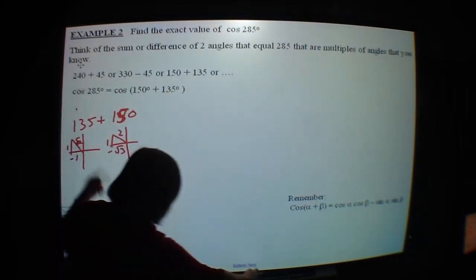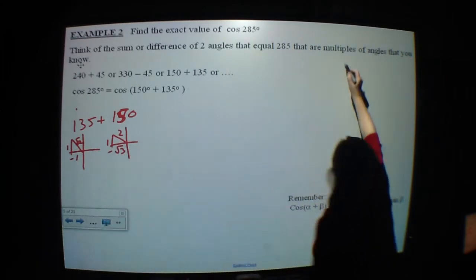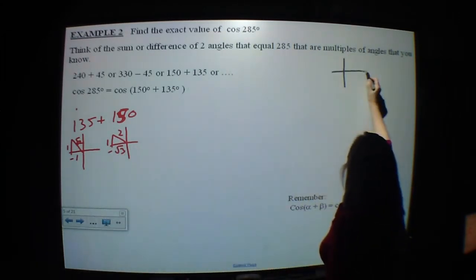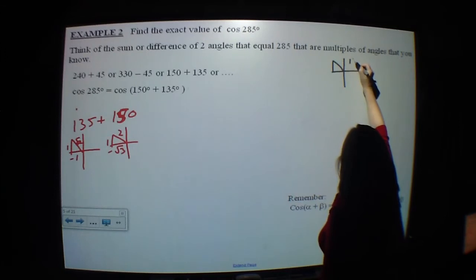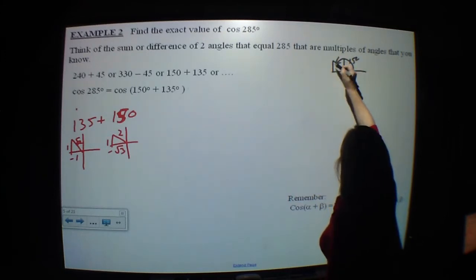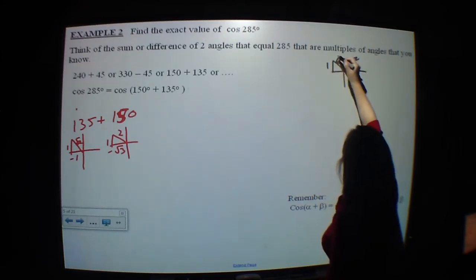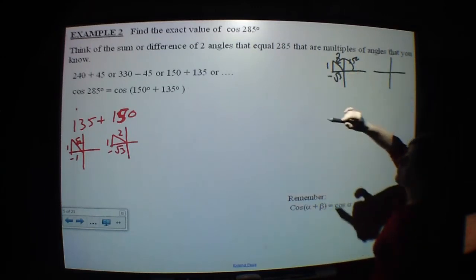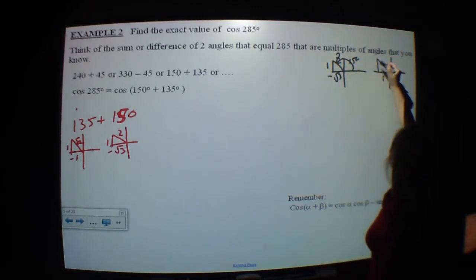So let me redraw this, because I'm going to erase these pictures over here. So 150 degrees, that's 150 degrees, 30 degree reference angle, 1, 2, radical 3. 135 gives me a 45 degree reference angle. That's 135 degrees.